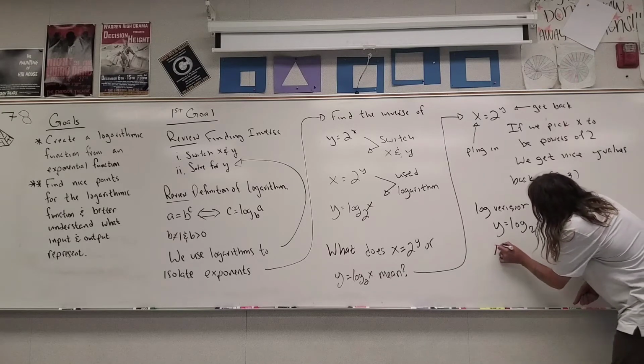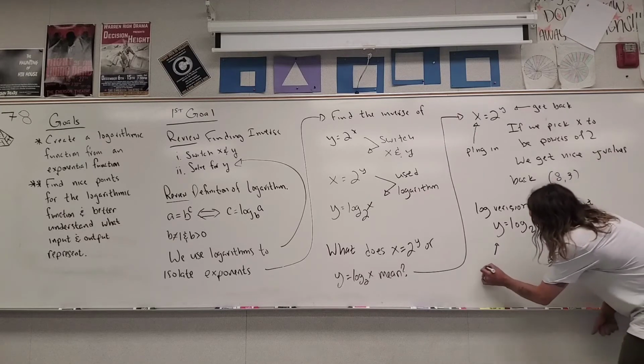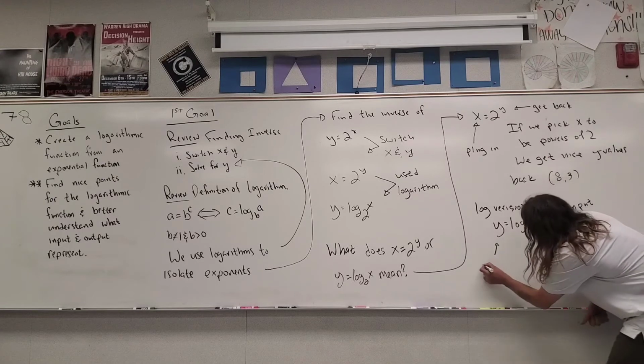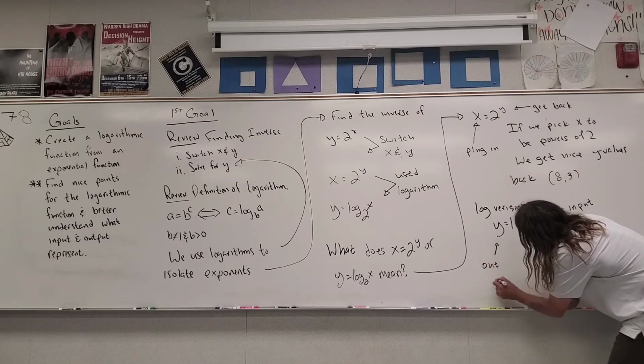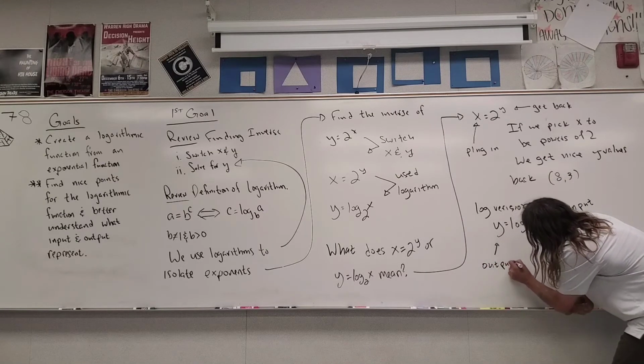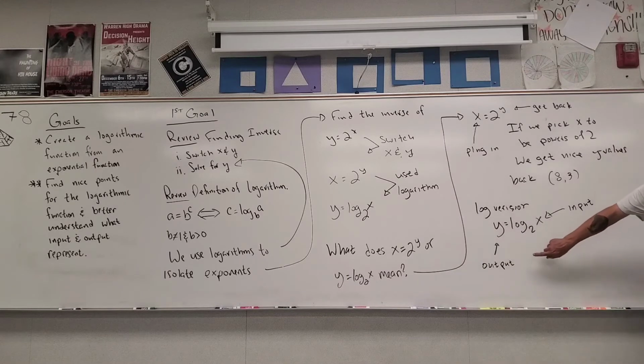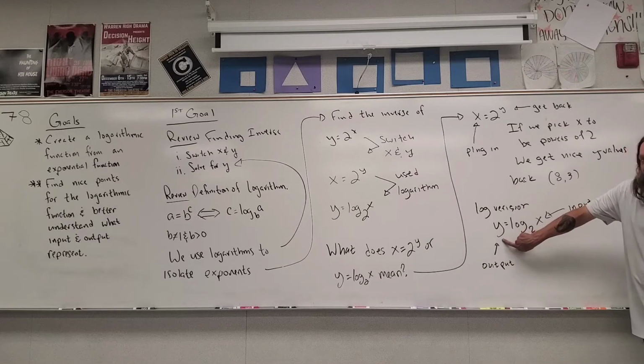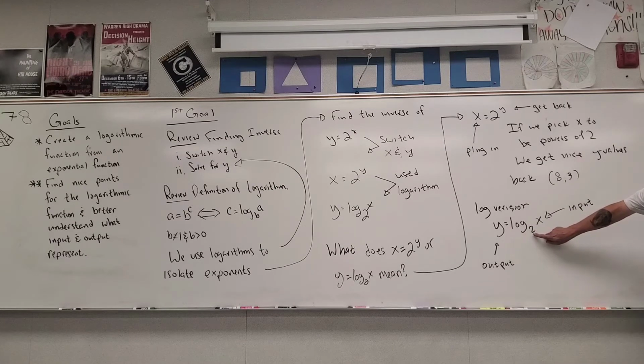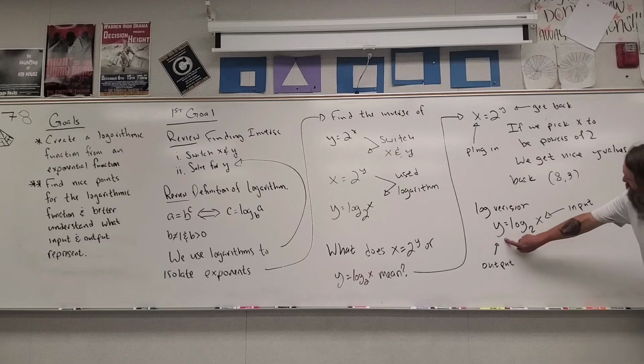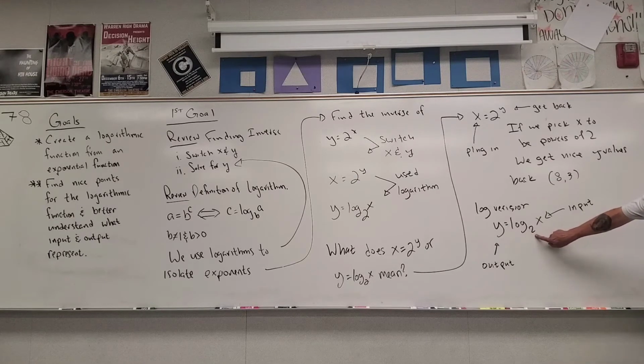And this is our output, or what we get back, right? So the output is the exponent. What exponent do I need so that 2 becomes that value?